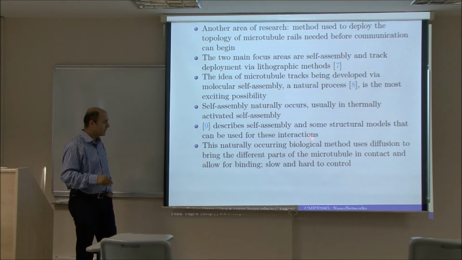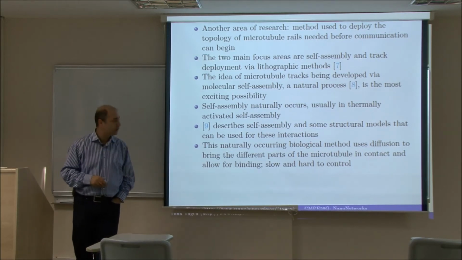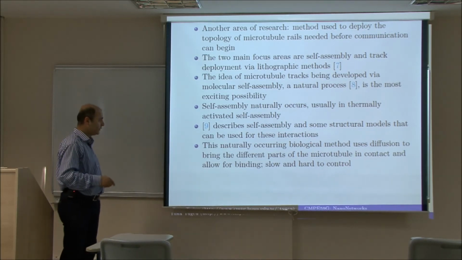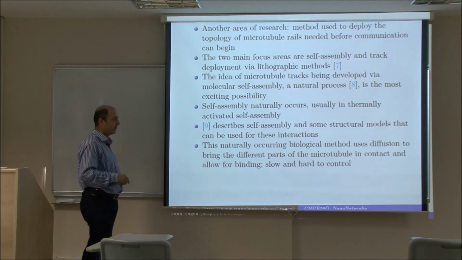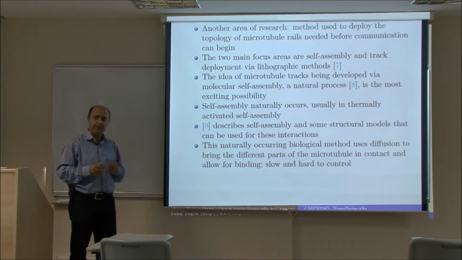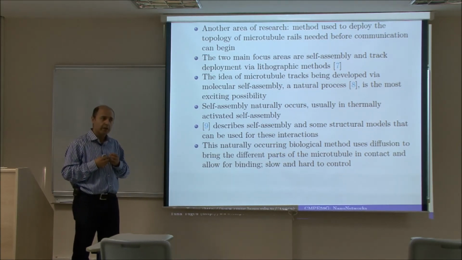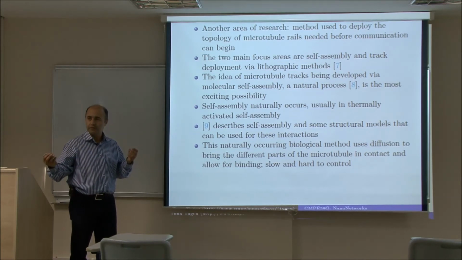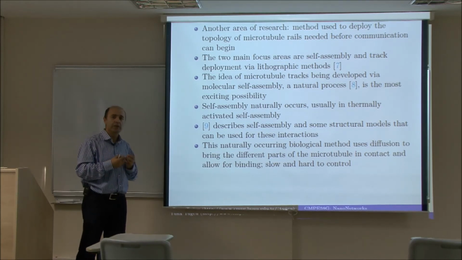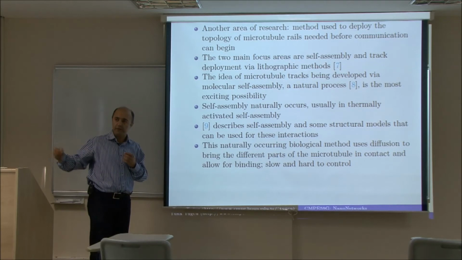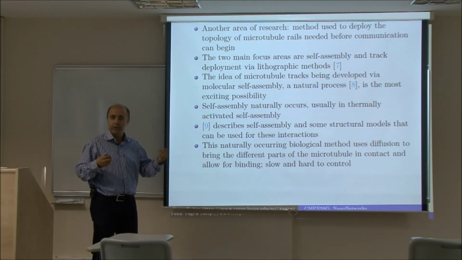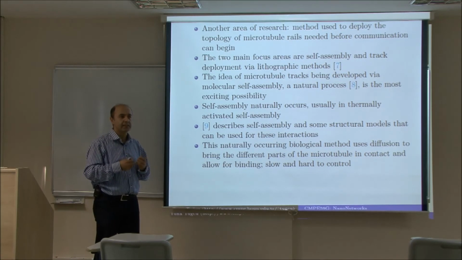So these naturally occurring biological methods use diffusion to bring the different parts of the microtubule together. Remember, we said the microtubule is composed of alpha and beta tubulin, and at one side you're creating the microtubule, but at the other side, these are dissolving.